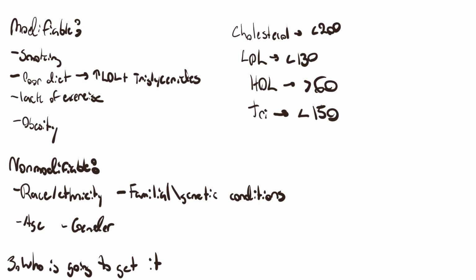In addition to that, we talked about how men are more at risk than women until age 65, and then middle-aged white men are most at risk for coronary artery disease. There are some other things that put you at risk, like having a type A personality, stress, depression, and high blood levels of a substance called homocysteine.